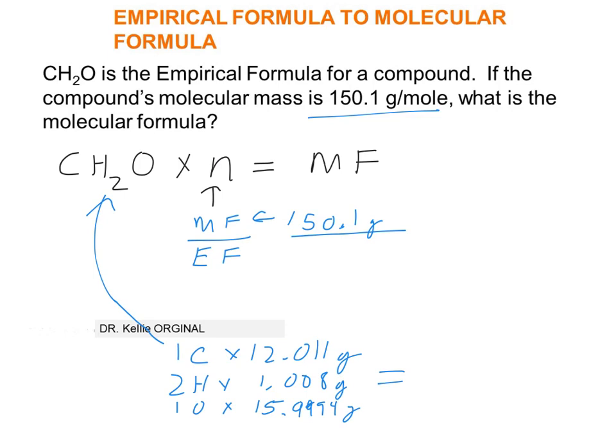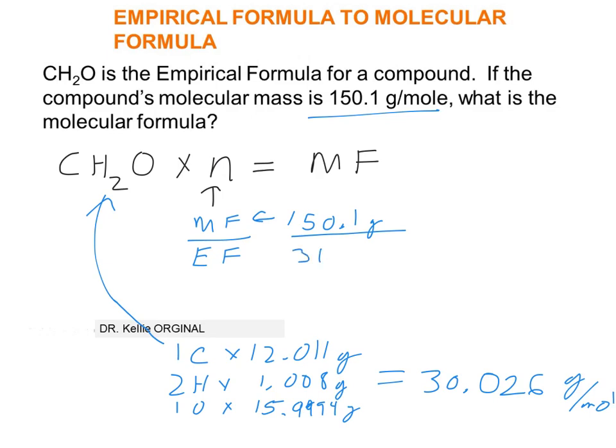Punch that into my calculator and I get 12.011 plus 2 times 1.008 plus 15.9994 gives me 30.026 grams per mole. So that's the mass of my empirical formula.